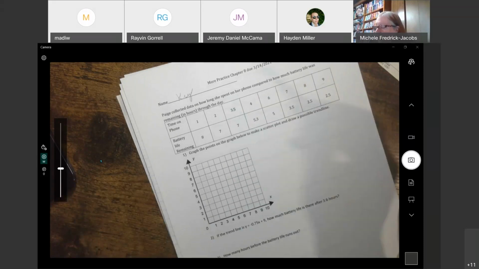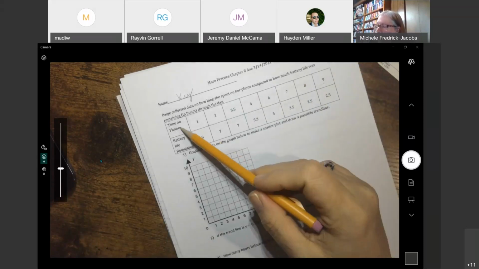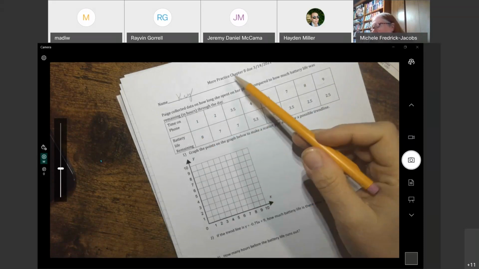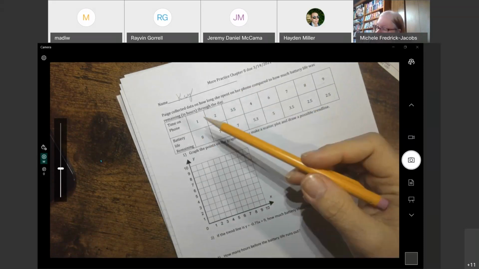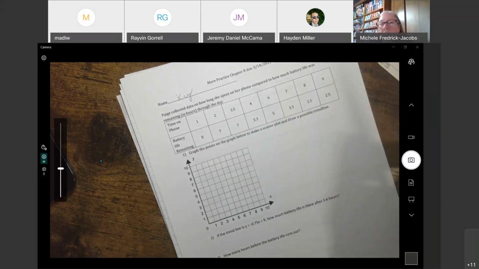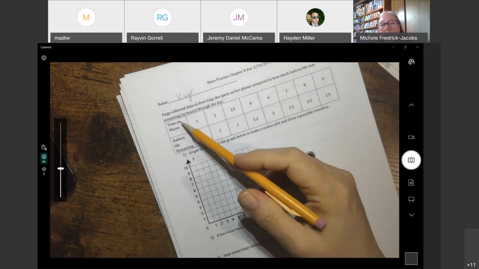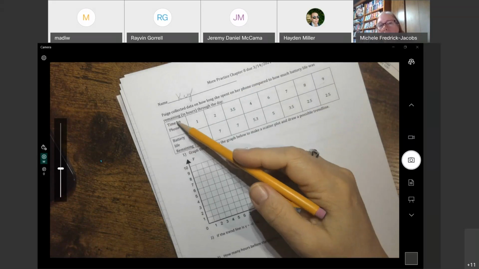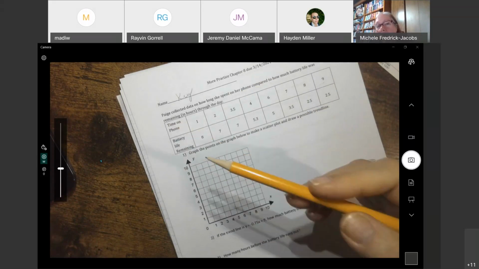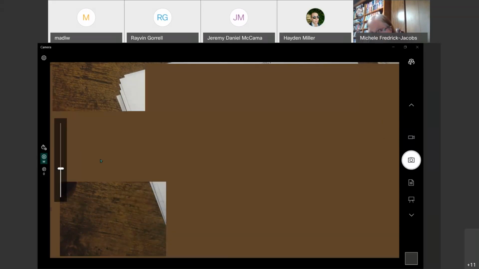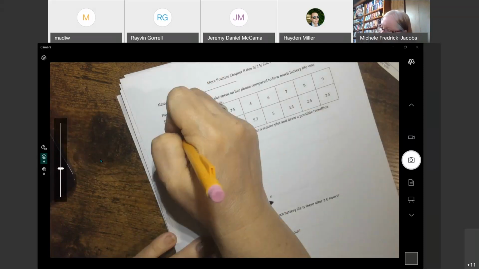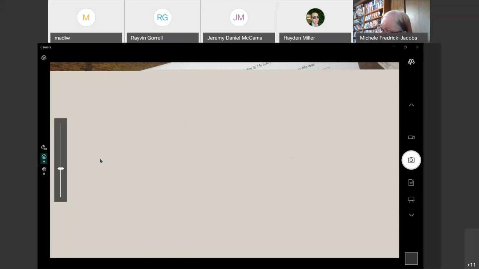So yes, it's a negative relationship because the more time you spend on your phone, time increasing, the battery life will decrease. So it should show a negative relationship. When you're plotting the points, we know that the amount of time on the phone causes the battery life to go down. So that means that time on the phone would be your X and your battery life would be your Y.